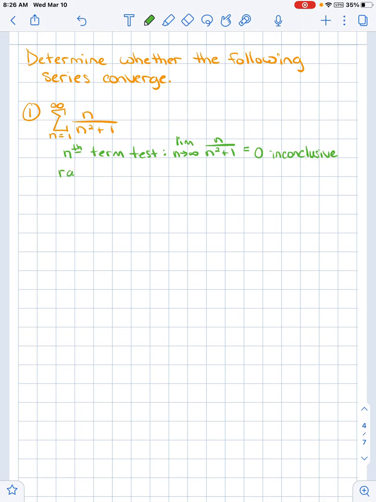Okay, so let's try the ratio test. The ratio test says to find the limit as n approaches infinity of the next term, so this is n plus 1 over n plus 1 squared plus 1, divided by the previous term. So I'm going to flip and multiply the denominator.